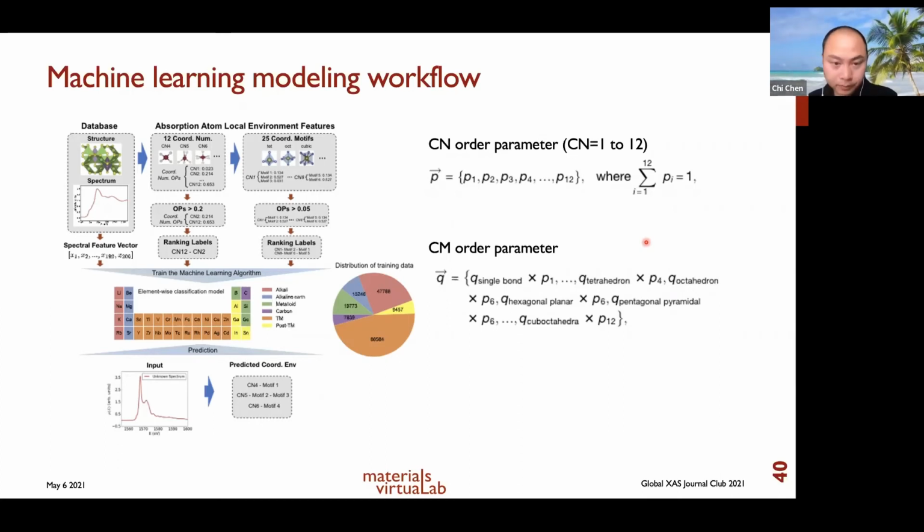And then for the ranking labels, we can have a few choices, like ranking by the probability. And once we have generated all the target labels, we can start our machine learning algorithm construction.